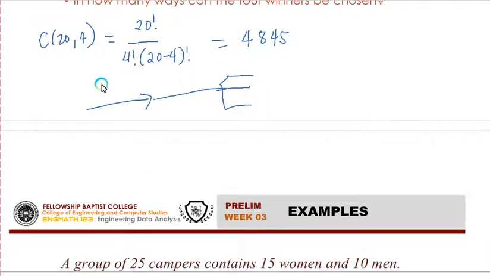So you have a first stage and then another stage that is dependent on your first option. Then we have to use the fundamental counting principle. We just multiply our elements.